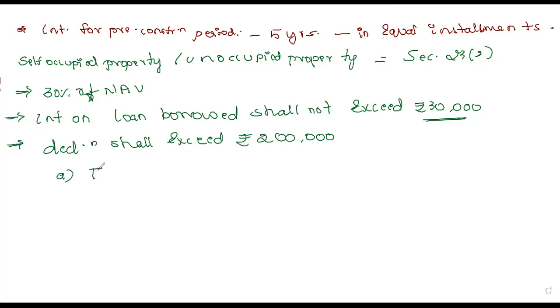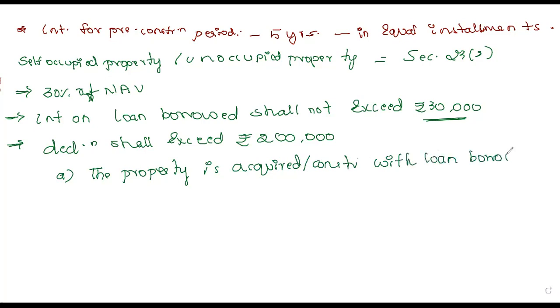Here is my first condition: the property is acquired or constructed with a loan borrowed on or after 1/4/1999.